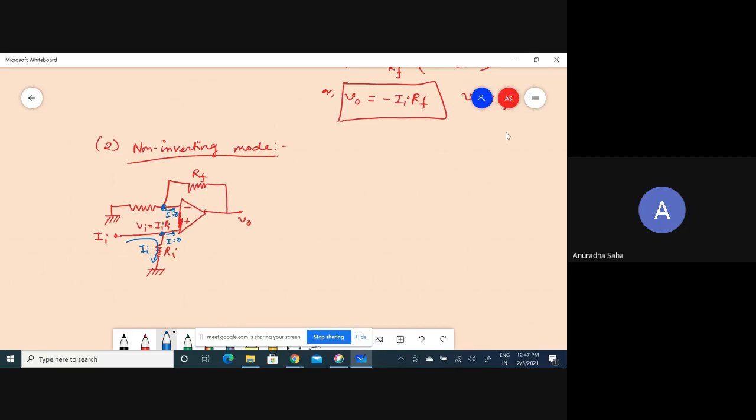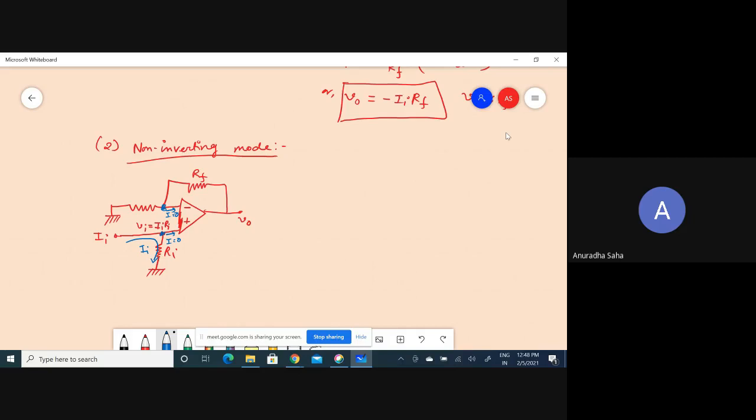So the current must flow across Ri, creating a voltage drop across this resistance, and it appears at this node as Vi equal to Ii into Ri.